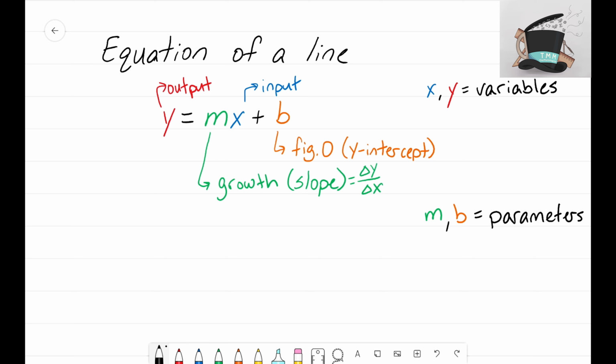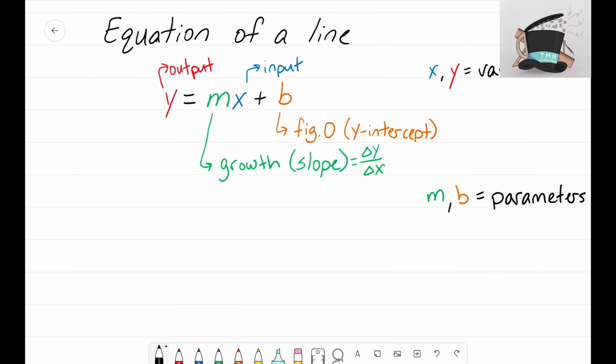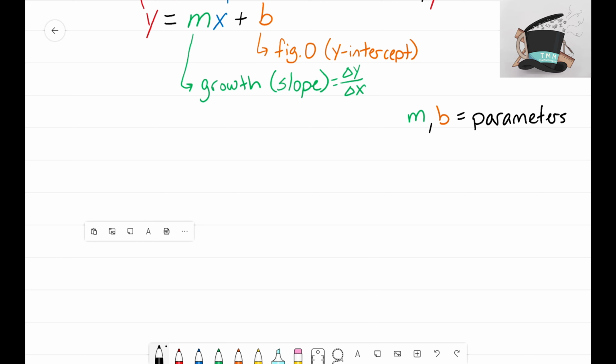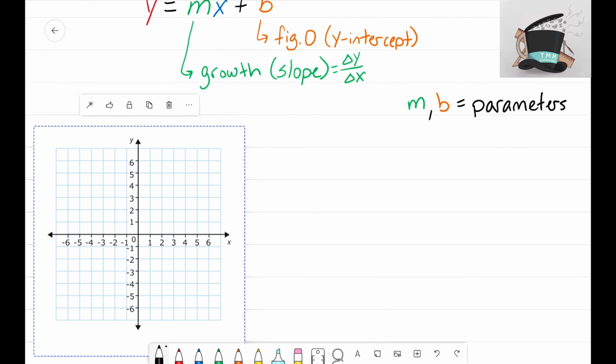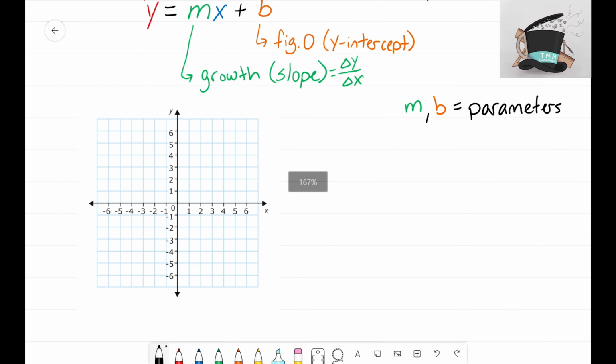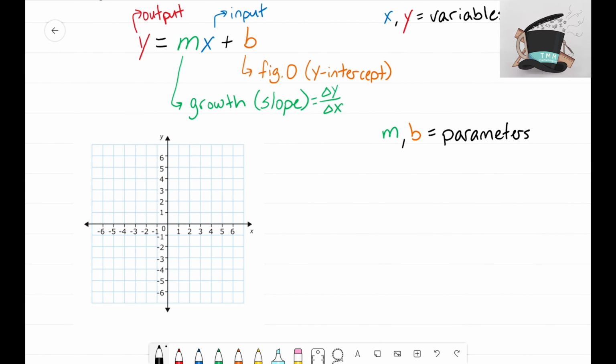So let's go ahead and look at one graph for a line and see if we could figure out its equation. So I'm going to scroll down here. I have some graph paper here that we can use to graph this line. I'm going to zoom out so we can still see all that information. And what I'm going to do is I'm going to write out an equation and see if we can figure out the graph for that line.